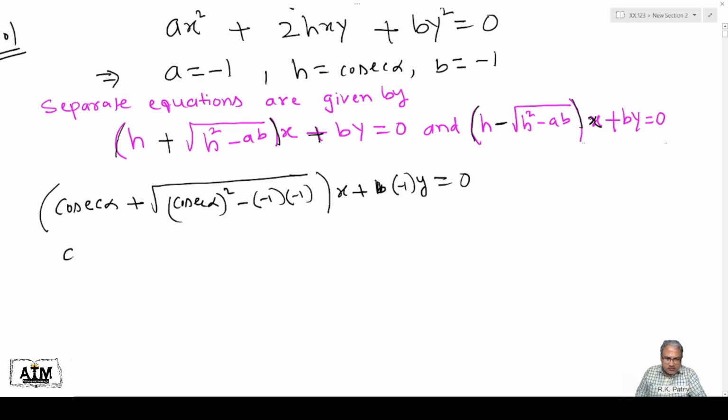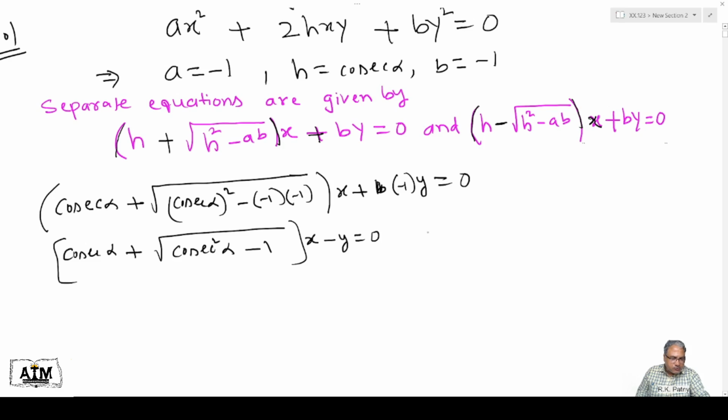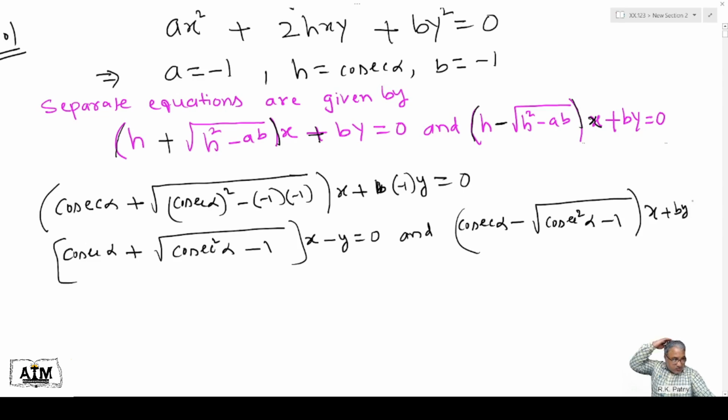Simplifying this, we get cosec alpha plus under root of cosec square alpha minus 1, and everything is multiplied by x plus minus y equals to 0. And the second equation would be the same, only plus and minus difference. So here is cosec alpha, here is minus, here is the under root of cosec square alpha minus 1 and multiplied to x plus by equals to 0.